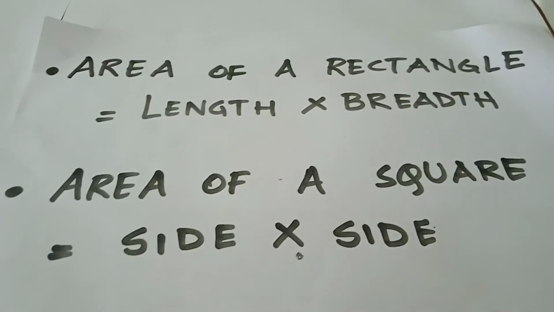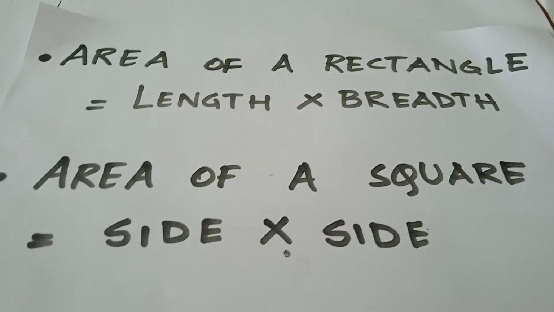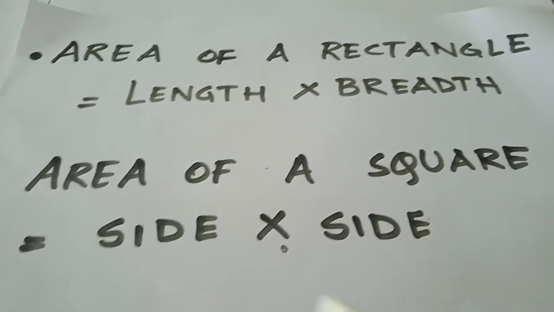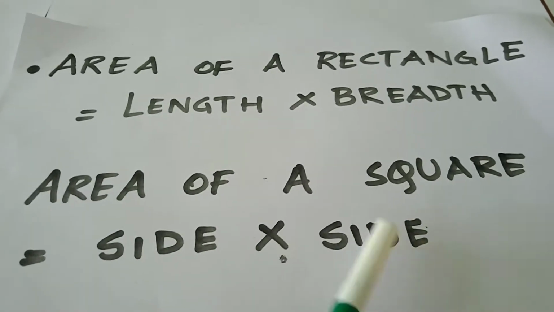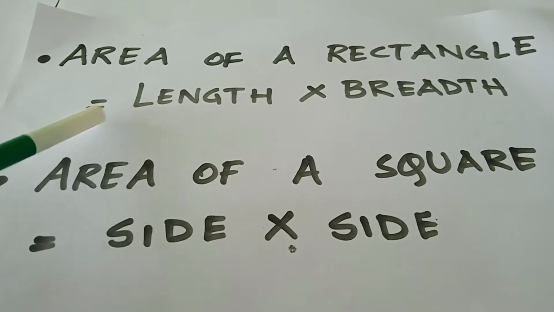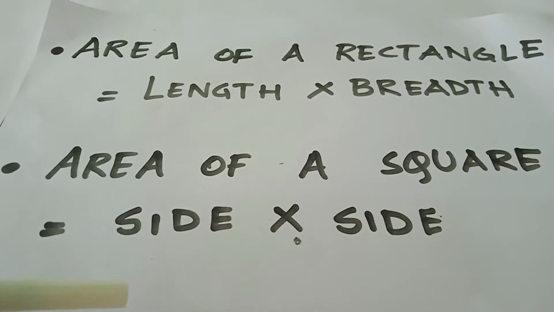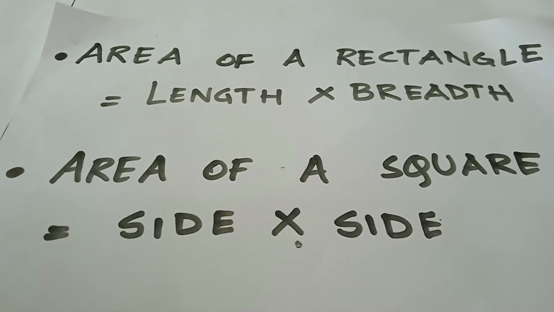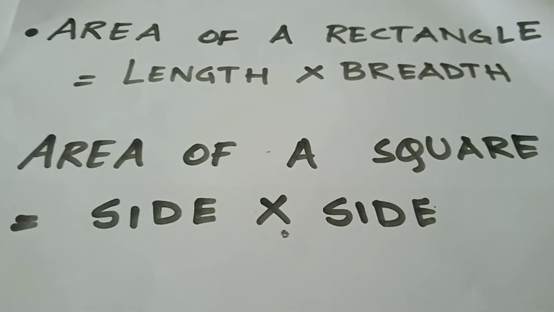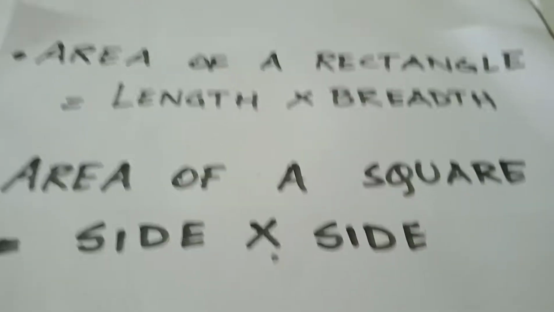So that's why the sides are considered to be there for square, and if we multiply one side with the other, we get the area of a square. So what to remember? Area of a rectangle is length into breadth, and that of a square is side into side. Now it's time, dear children, to prove that the area of a rectangle is length into breadth, and it is actually so with the help of an activity.